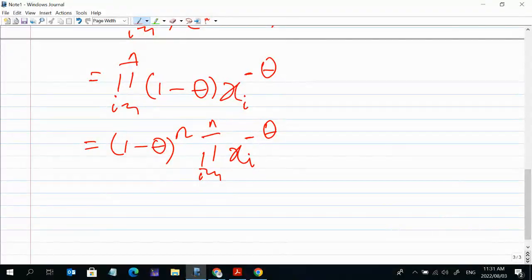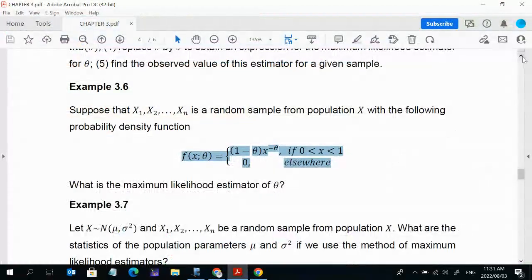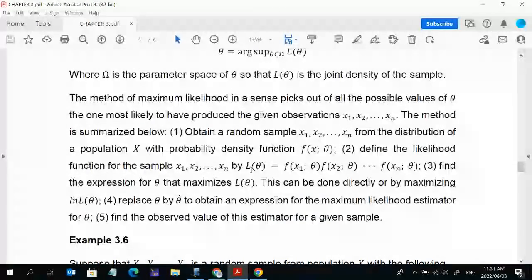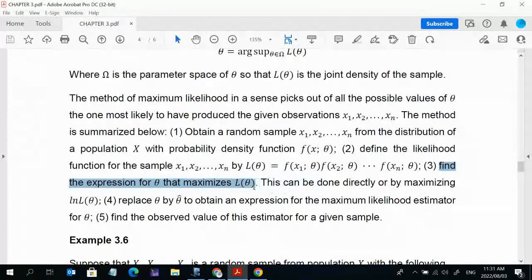Now let's go to the definition. We have our likelihood function, which is (1 minus theta) to the power n multiplied by the product of xi to the power minus theta. What we want now is the expression that maximizes the likelihood function.